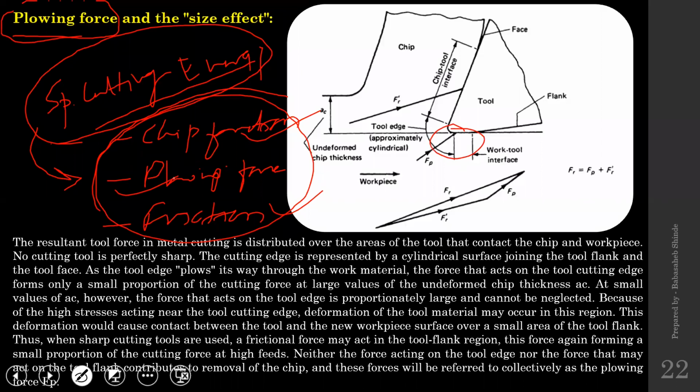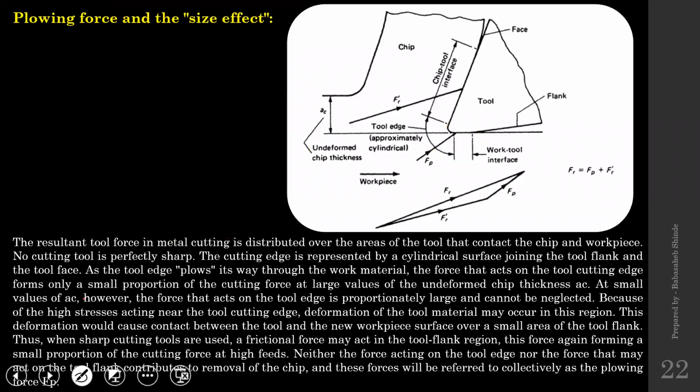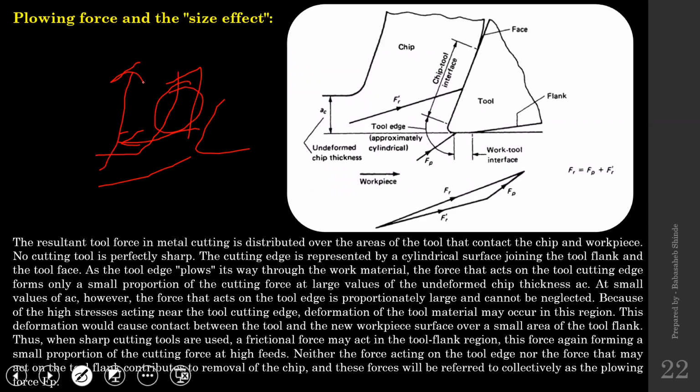So what is that flowing force? Flowing force is when the cutting tool moves in this direction by removing material or converting that material into chip. What happens before this chip separates from the work surface? The chips get accumulated in front of this cutting tool.